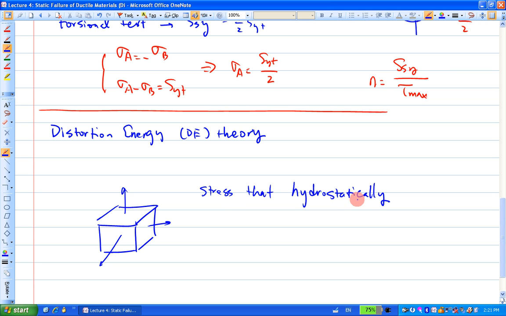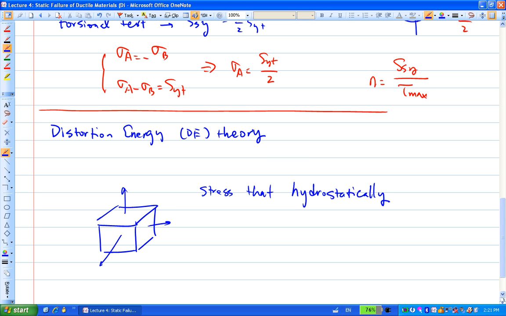When you stress this hydrostatically, what people notice is this material or part will tend to yield at a much higher yield strength than the part that's subjected to non-hydrostatic stress. In other words, if you evenly load the part, compress it or stretch it, it will yield at a much higher strength than a part subjected to uneven stress.